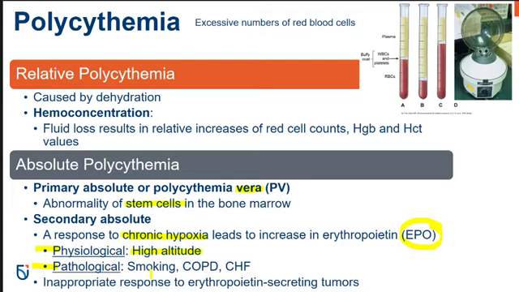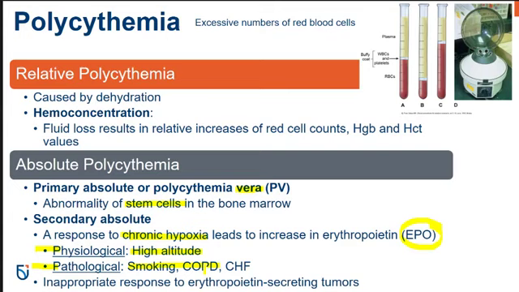Pathologic, though, three great examples include smoking, chronic obstructive pulmonary disease, and congestive heart failure. These are big ones. If somebody smokes, there's carbon monoxide present in smoke. When you smoke, the carbon monoxide is breathed in, and carbon monoxide will attach to hemoglobin, taking up oxygen's spot, meaning that there's less available spots for oxygen because carbon monoxide is taking their place.